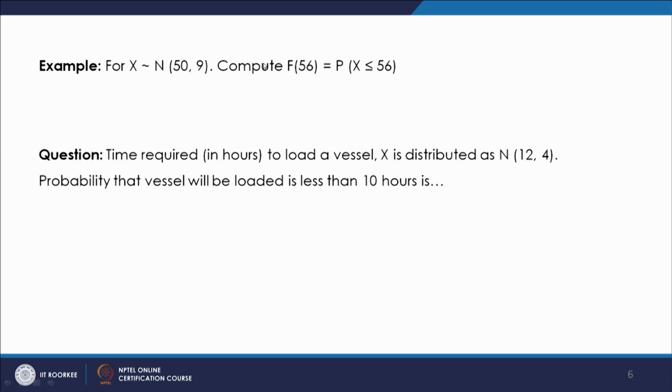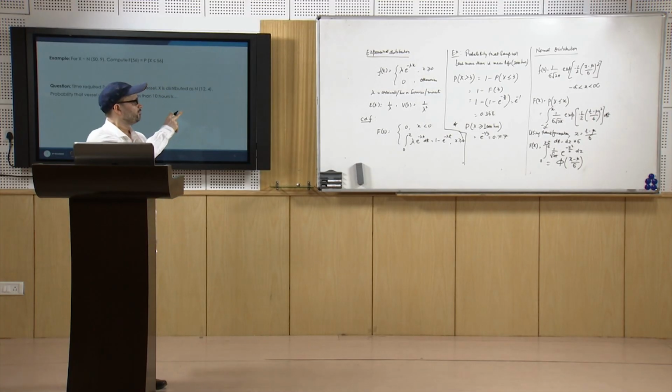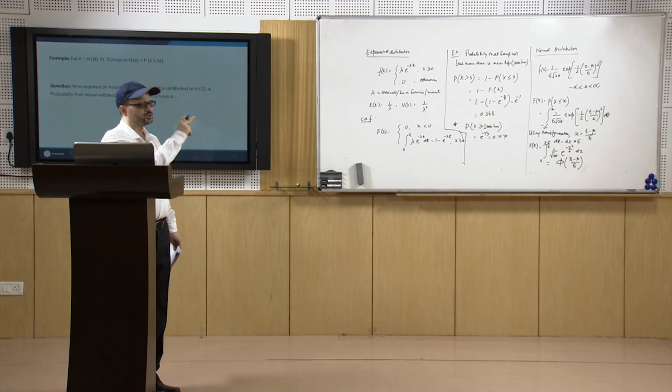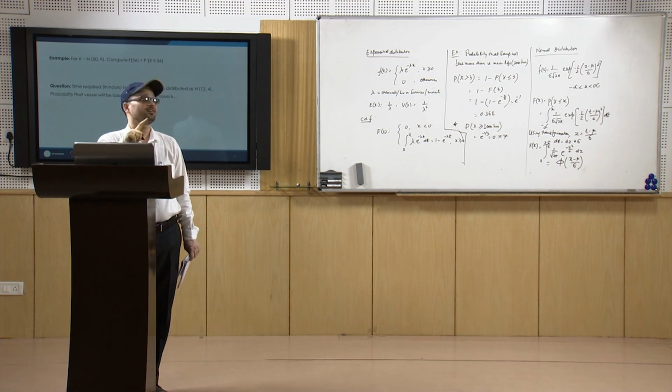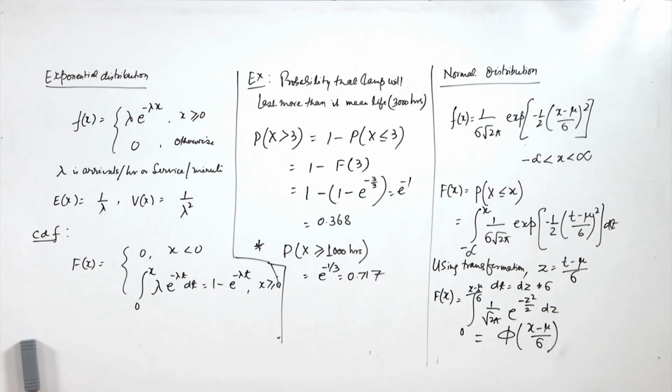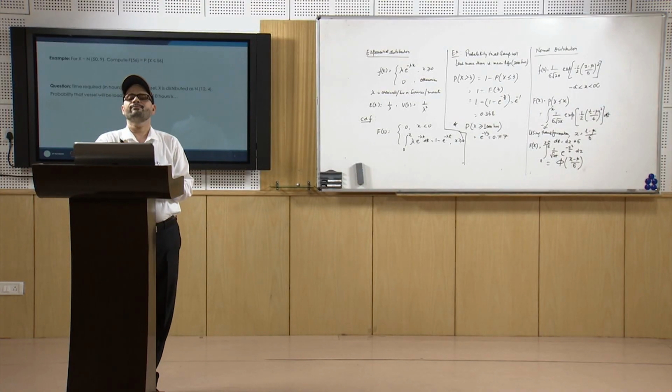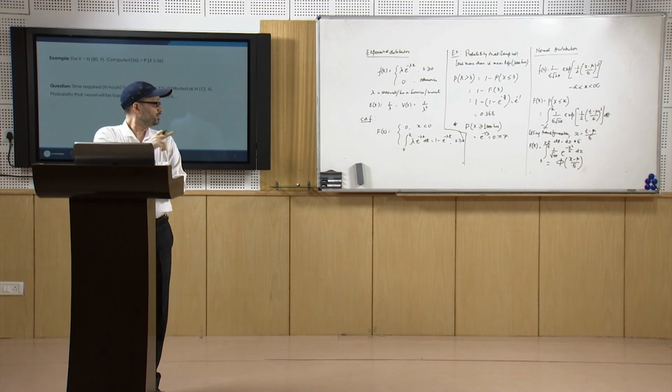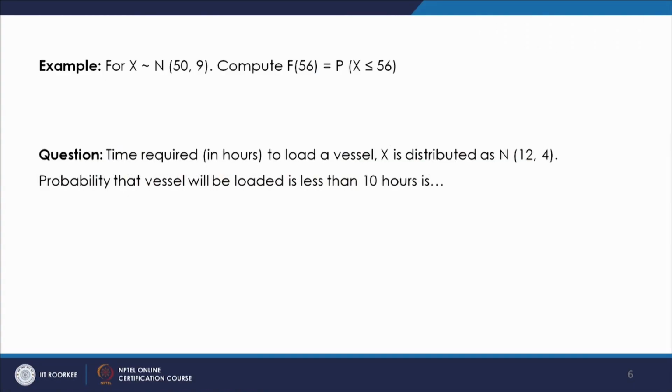The value which we want to see from the table, for that x will be 56, and mu is 50. So, 56 minus 50 divided by the standard deviation, the square root of 9, which is 3. So, 6 by 3 gives phi of 2.